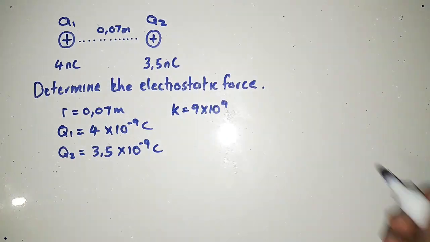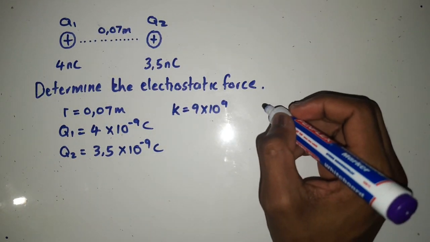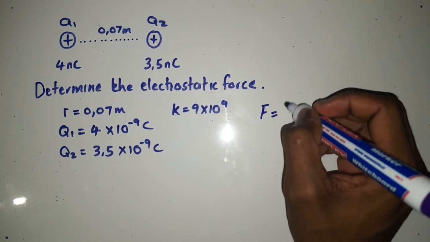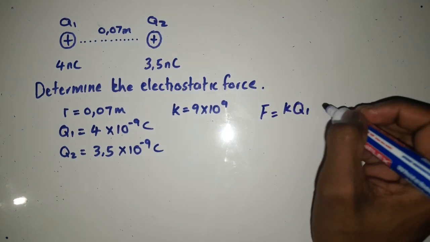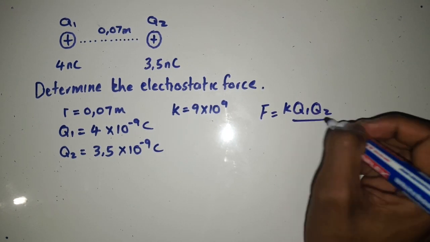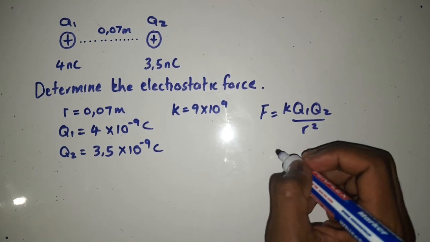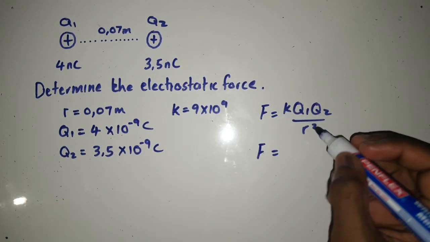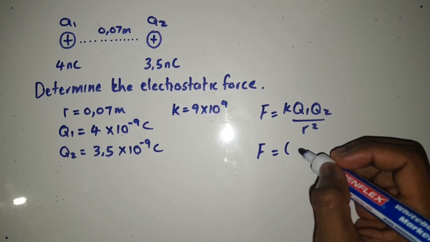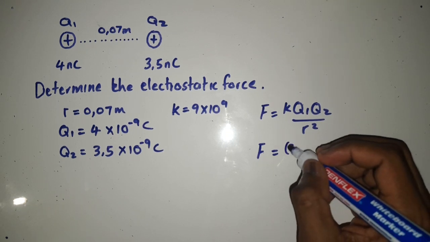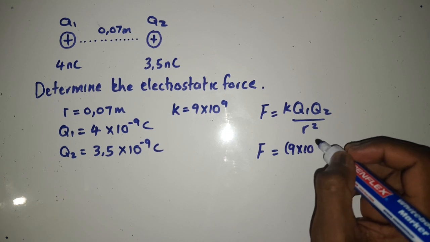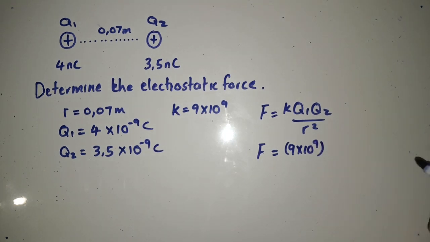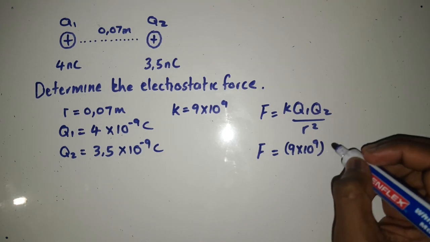On this formula we have F equal to K Q1 Q2, then we divide by R squared, like this. See? So simple. Then your K value is 9 times 10 to the 9. Will I have enough space? Let me just write anyway.